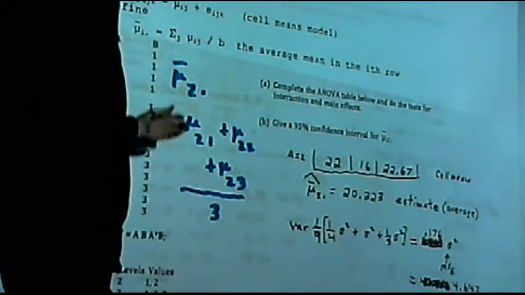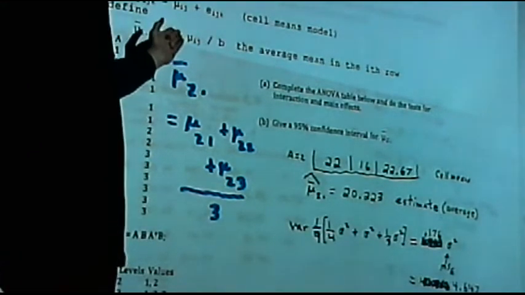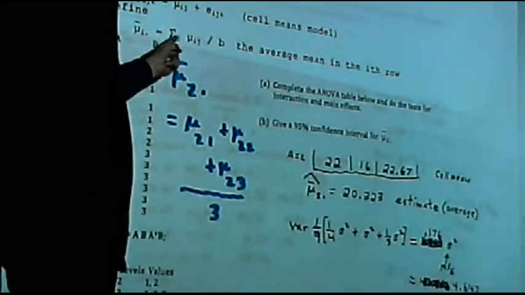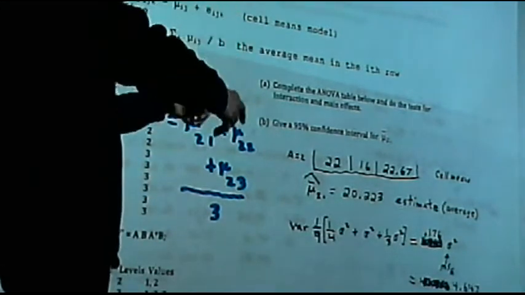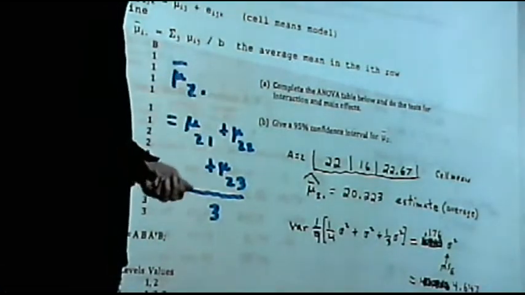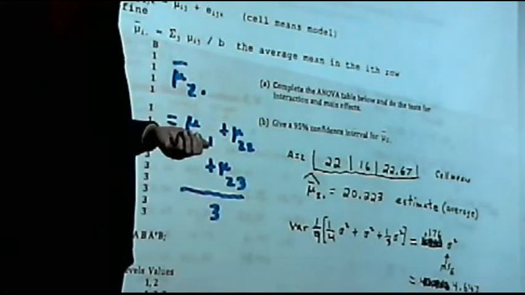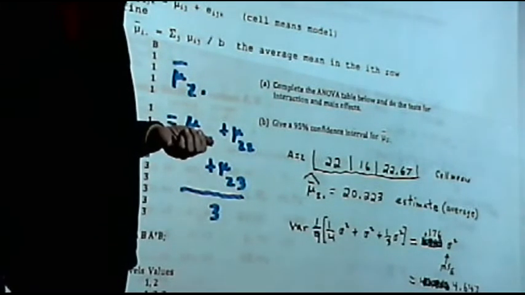Well, that doesn't say weighted average of the means in a given row. It just says the average. So because of what's going on here, our focus is on just straight averages rather than weighted average. Does that make sense? To some degree?